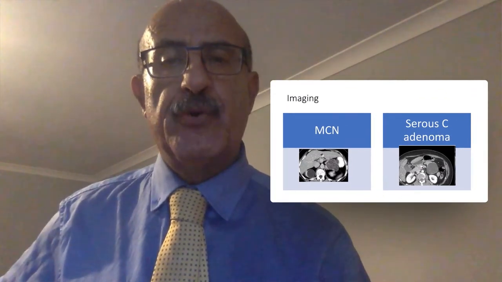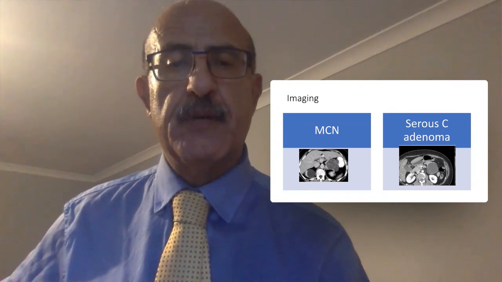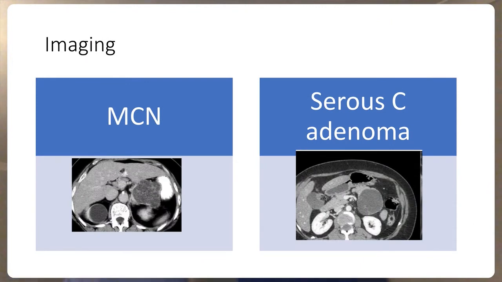Now I thought I'd show you the typical imaging characteristics of each of these lesions. How do they appear? Here I have two CT scans, one of them for a patient with serous cyst adenoma. I'm sorry, this is the other way around.